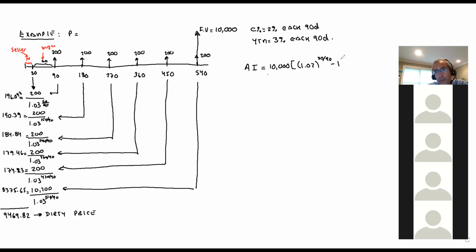Do you agree? So I have here the equivalent interest rate for only 30 days. And then you multiply by 10,000 and you obtain your accrued interest. So this is going to be 10,000 that multiplies what? So it's going to be 1.02 to the power, sorry.